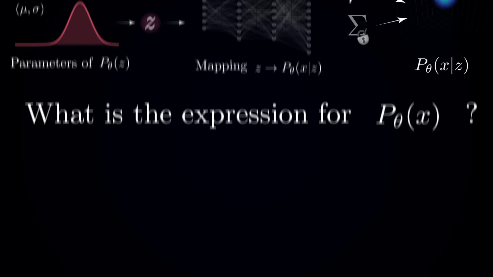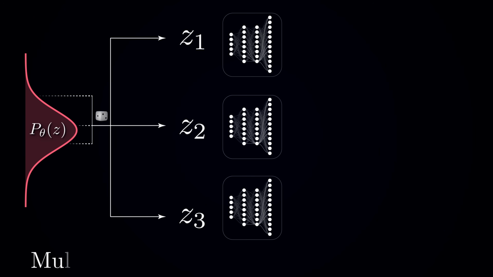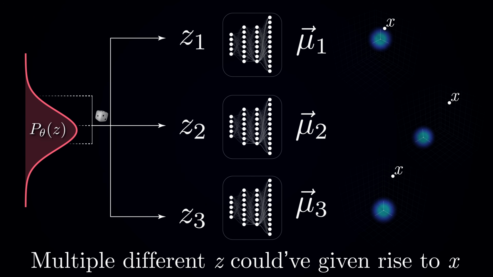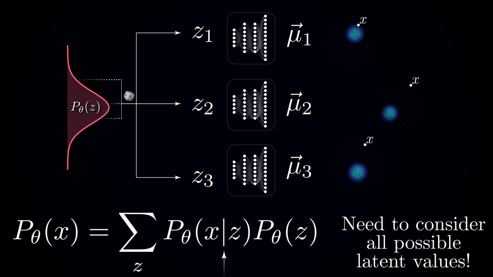Of course, we don't know the true value of the latent factor for any given observation. Therefore, the total probability of an observation x must take into account all possible values of the latent variable that could have generated it. Mathematically, we sum the probabilities that each latent value could explain our observation, weighted by how likely that latent value is to occur according to the prior distribution.